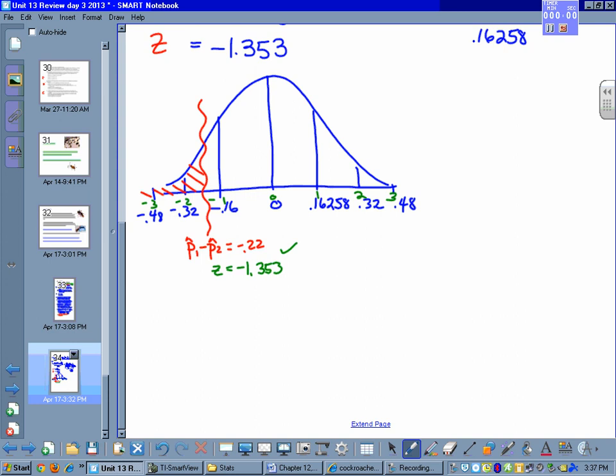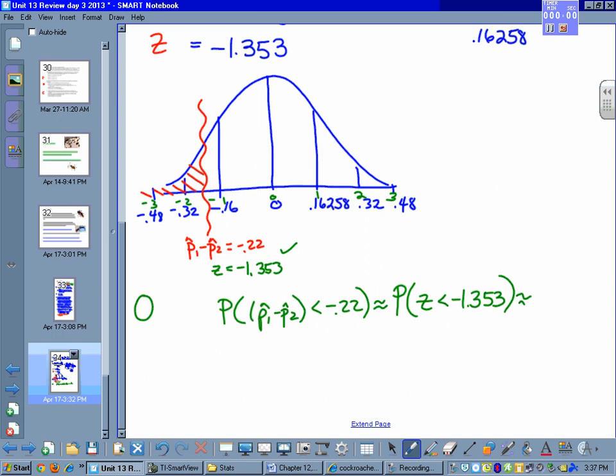And now I'm ready to obtain the p-value. The probability that p hat sub 1 minus p hat sub 2 is less than negative 0.22 is approximately equal to the probability that my z is less than negative 1.353. And then if I look that up on my table, I would look up negative 1.35, and that gives me 0.0885.